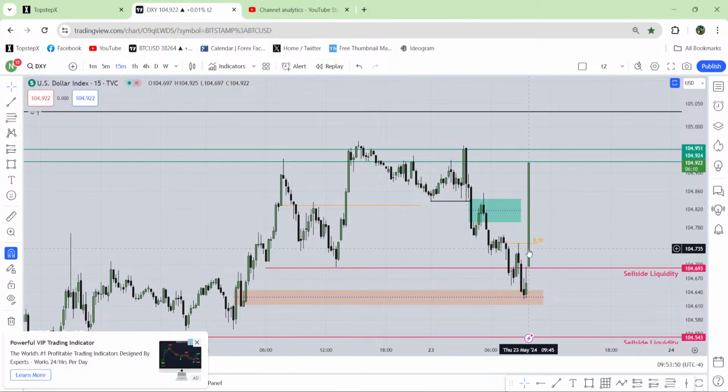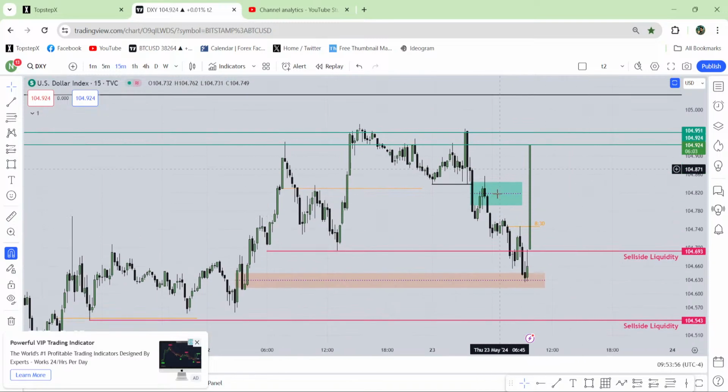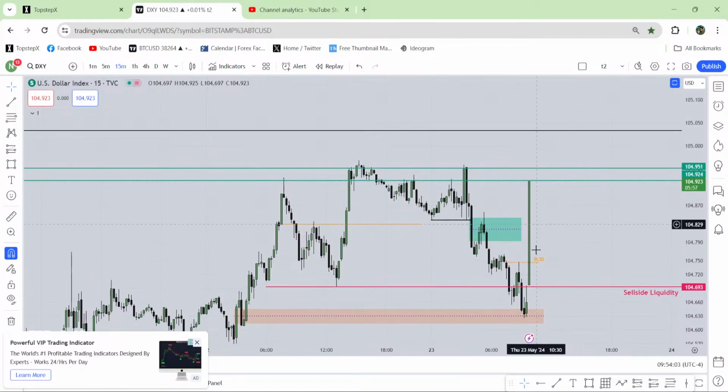What a run, I love it. I was thinking that the market will take this sell side liquidity, but still I will see if it wants to go higher or not. It's extremely bullish to me right now.